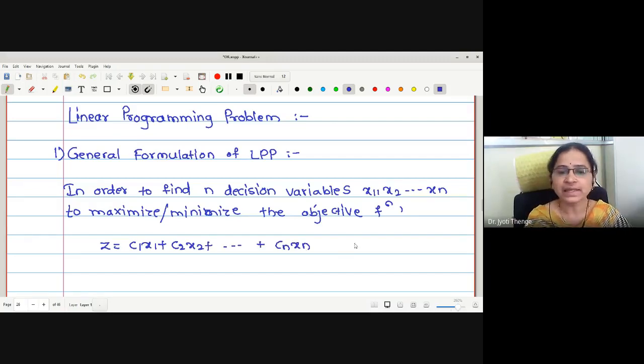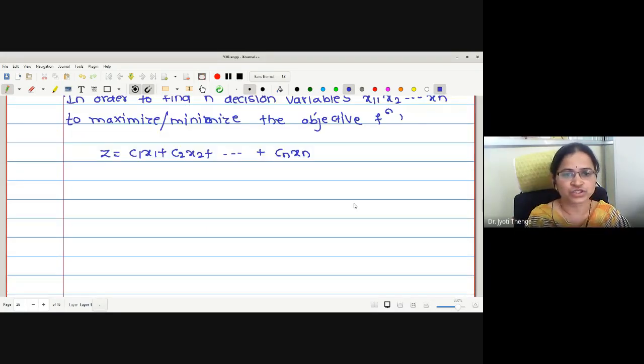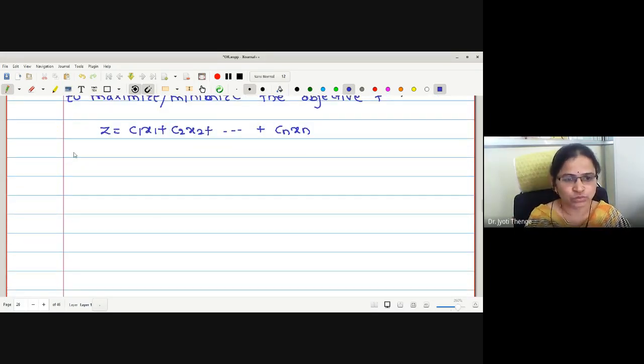This is our linear objective function, subject to the constraints. Now what are the constraints? The constraints also have linear inequalities.